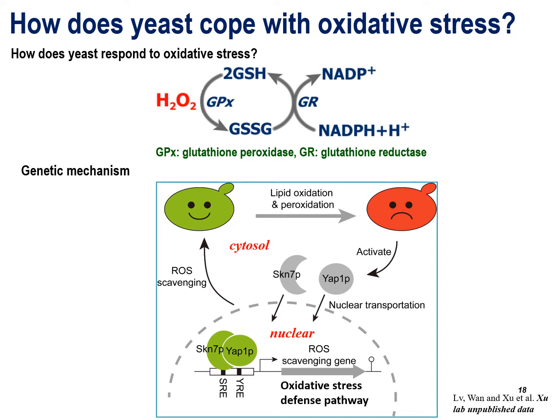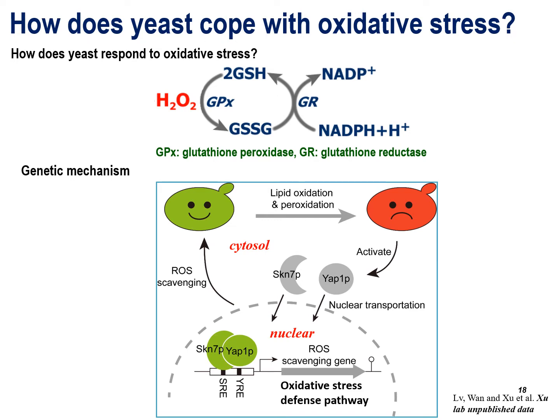So the two proteins will be trapped or sequestered in the nucleus, so they can keep recruiting or activating RNA polymerase. The RNA polymerase will be responsible for transcribing the genes encoding glutathione reductase and glutathione peroxidase. As the cell expresses enough of the peroxidase and glutathione reductase, you can imagine that the reduction state of the cell will get back to normal.